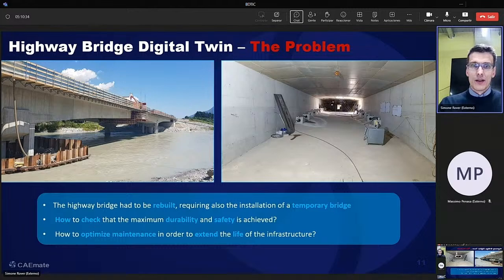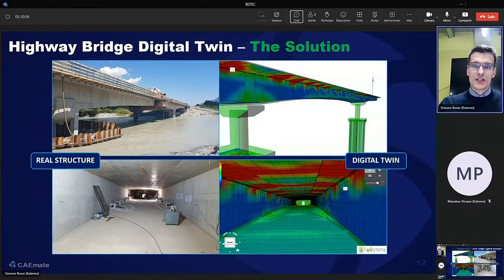So, through our system, we realized the digital twin that was fed by data collected by a distributed fiber optic sensor.